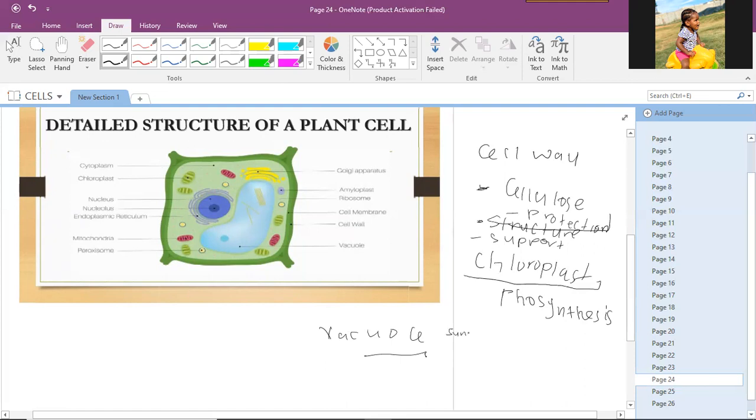Sunlight. What's the formula of photosynthesis?